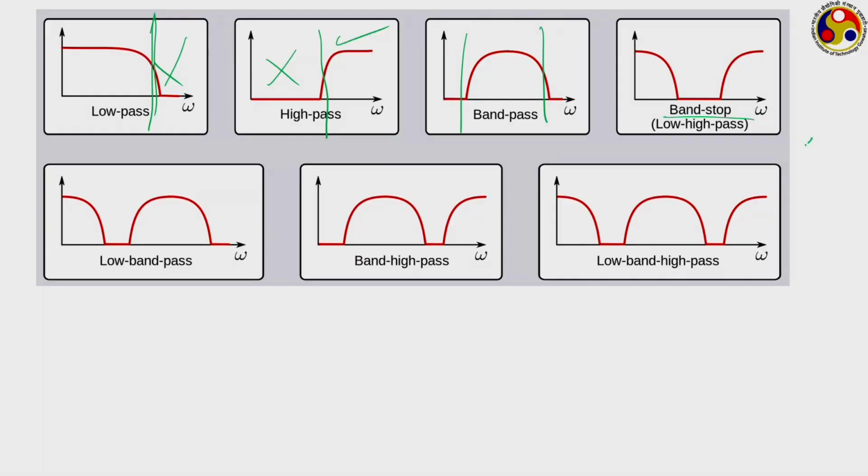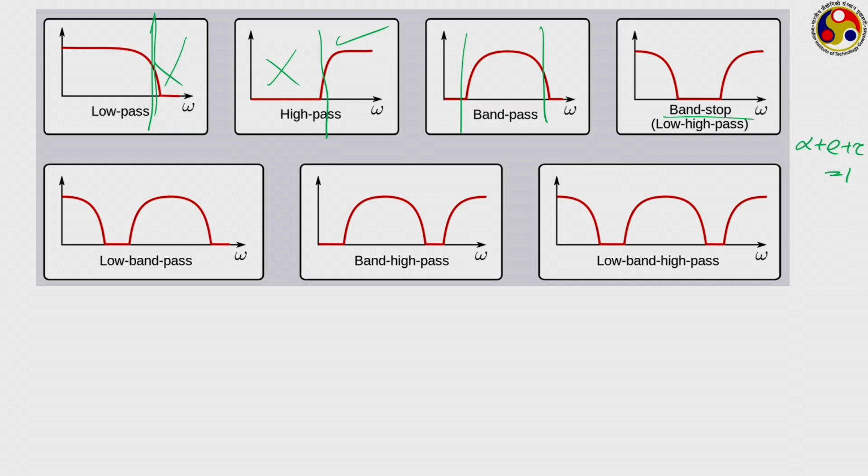Accordingly, we can write alpha plus rho plus tau is equal to 1, where alpha refers to the absorptivity, that is the fraction of the irradiated energy which gets absorbed by the surface. Rho is reflectivity, it represents the fraction of energy which gets reflected, and tau is the transmittivity, which represents the fraction corresponding to transmission.